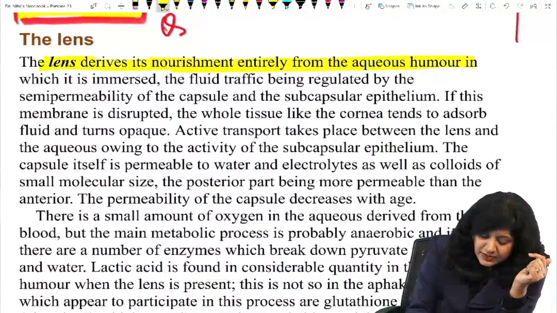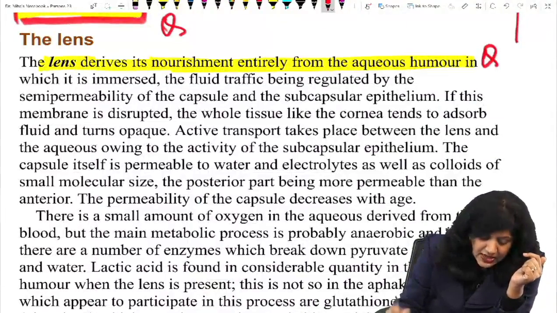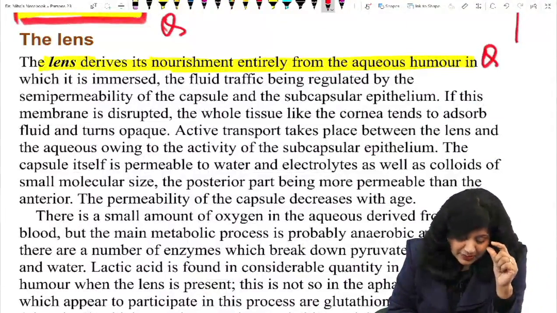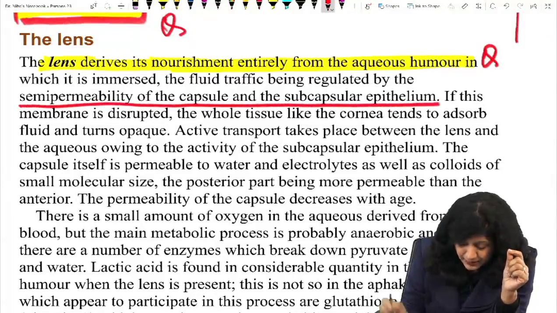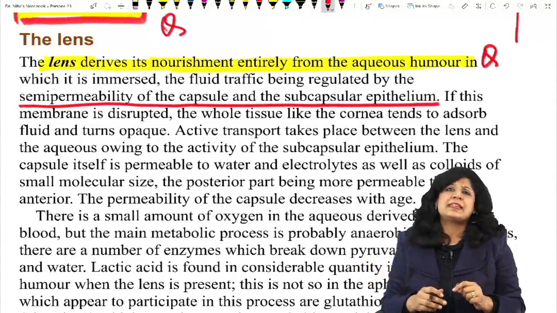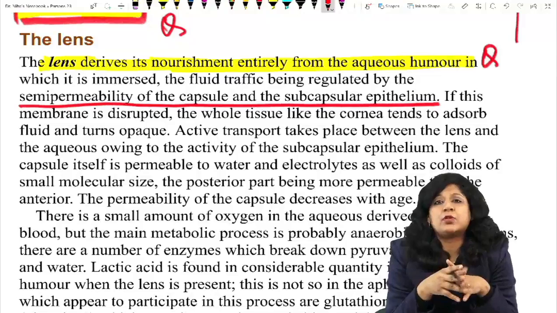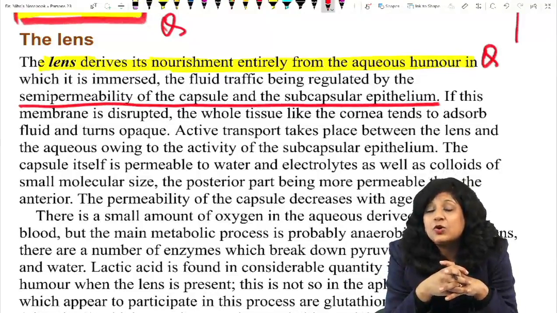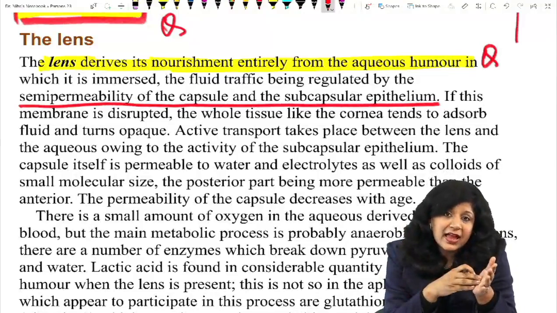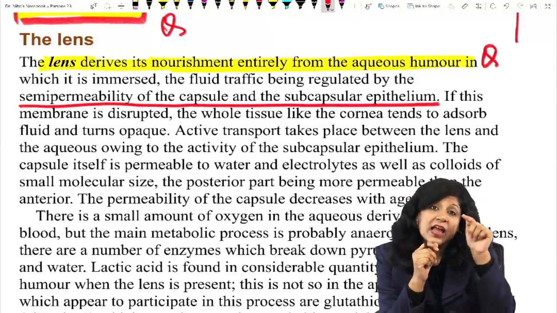I think this statement is again very important, in which it is remaining immersed, the fluid traffic being regulated by the semi-permeability of the capsule and the subcapsular epithelium. Now when I am saying that the lens is actually dependent upon the aqueous humor for its nutrition, the second question is how that nutrition from the aqueous humor is going to the lens.